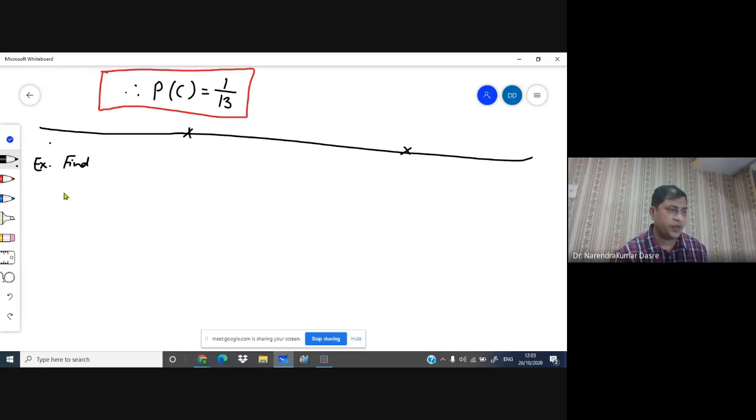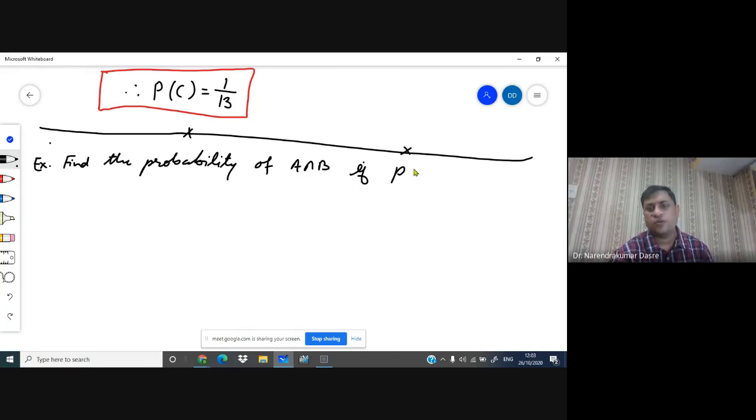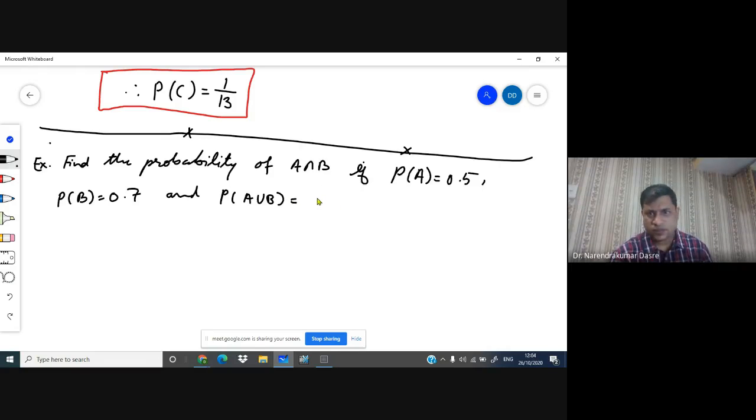Find the probability of A intersection B if probability of A is equal to 0.5, probability of B is equal to 0.7, and probability of A union B is equal to 0.9.